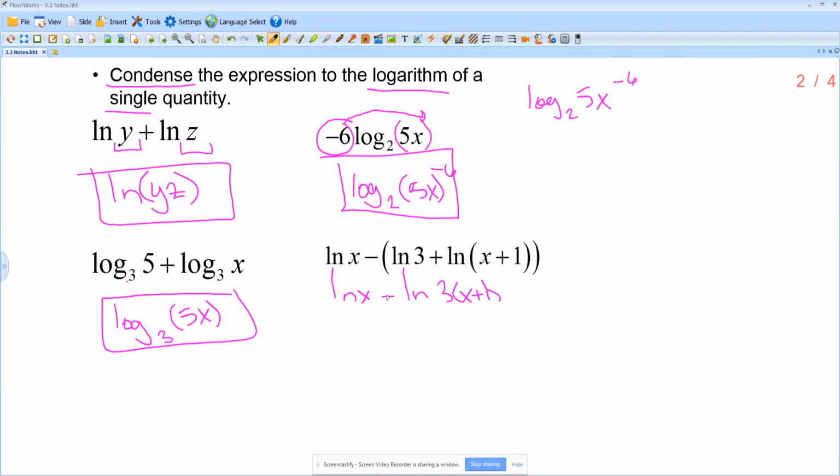Then I have this subtraction. This subtraction can be written as division. So I'm going to have x over 3 times x plus 1. And it's the natural log of this entire thing. All right, good. Yeah, that was fun.